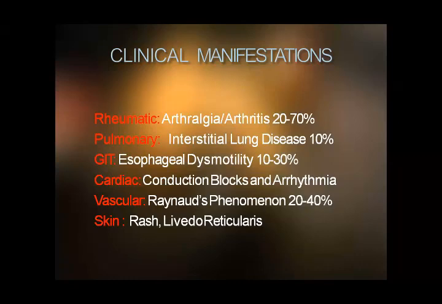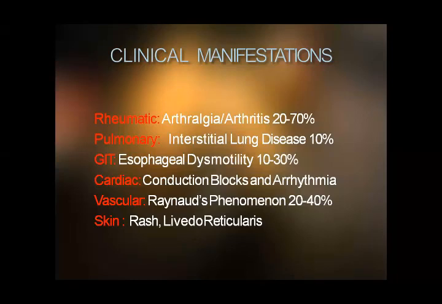Cardiac involvement, again, you can have conduction defects. They may have some heart blocks or arrhythmia because of the cardiac involvement. And vasculopathy, especially Raynaud's phenomenon, is seen in 20 to 40% of patients. So the patient may present to you with pain in the hands, and they have blue and red discoloration after exposure to cold, and it gets better when they re-warm or keep the hands warm, especially in cold weather.